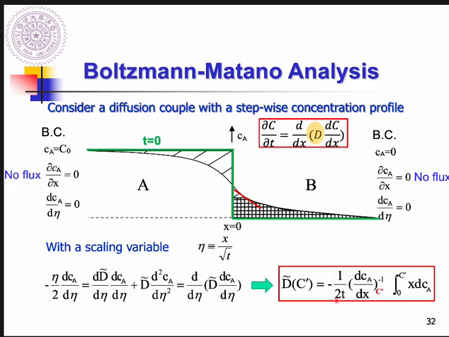Diffusivity will change with these 3 parameters. But how do you use this variable iota to solve this differential equation and finally get the D? The detailed derivation will be shown in the next slide.